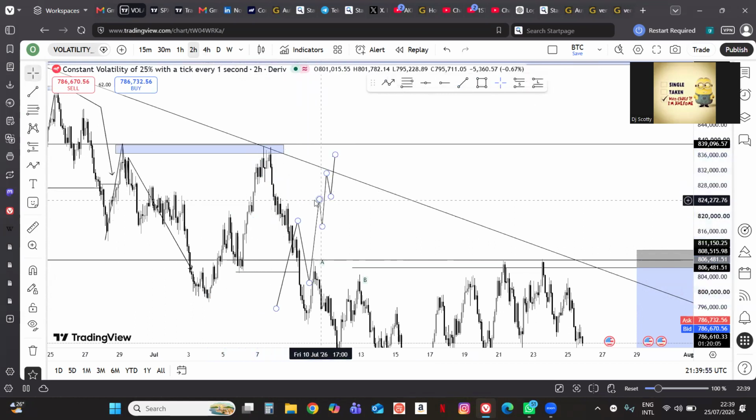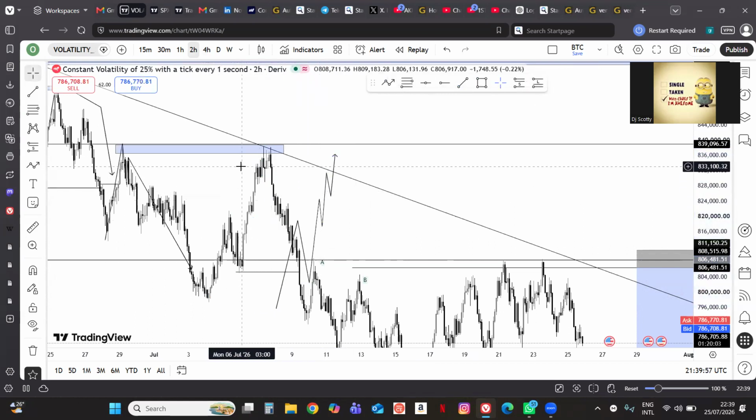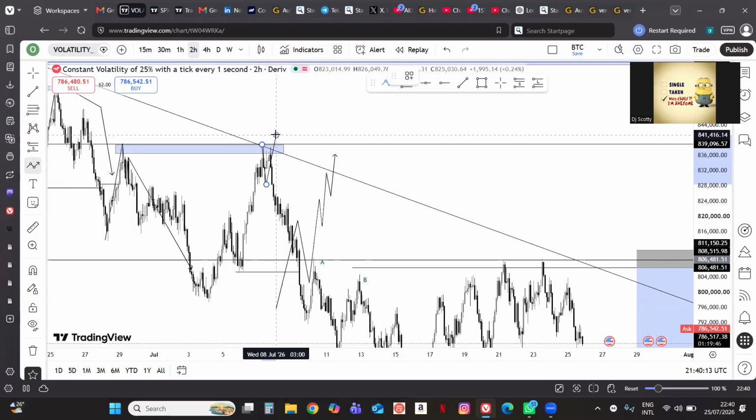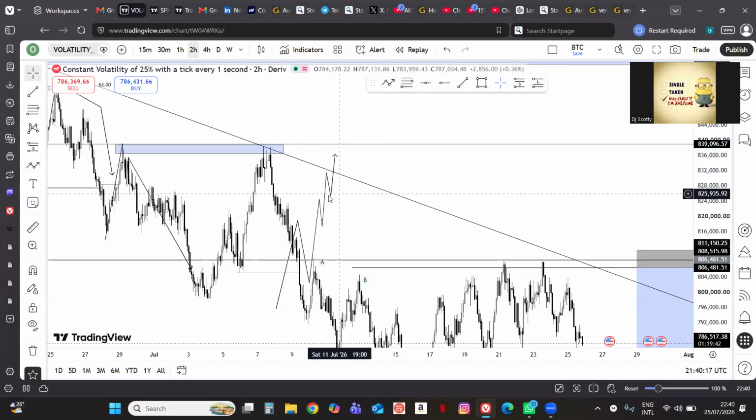If you look at it, they're not exactly connecting, right? 1, 2, 1, 2. Yes, this is not a break of structure. Had it been this high here, maybe as market came here and made a new high, right? Then this would have been a break of structure.